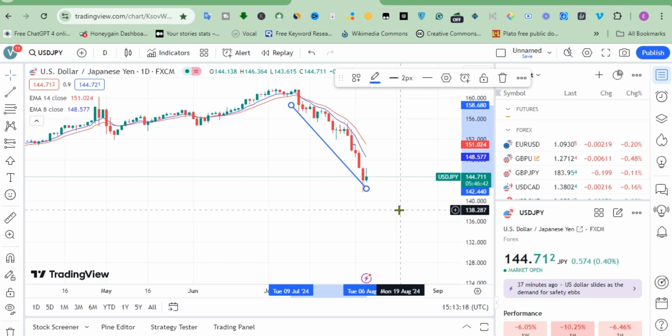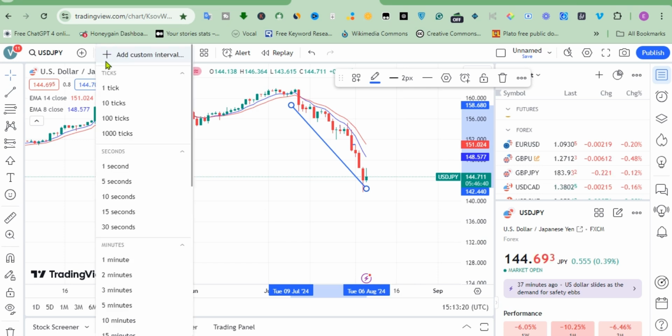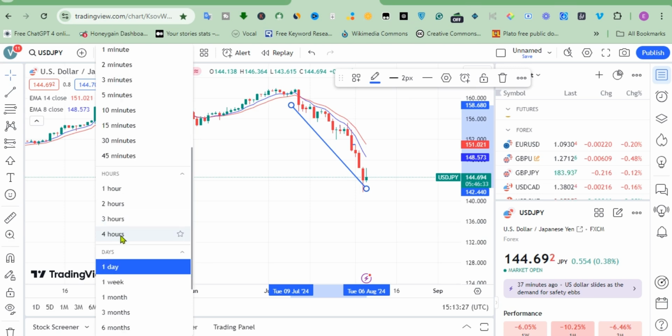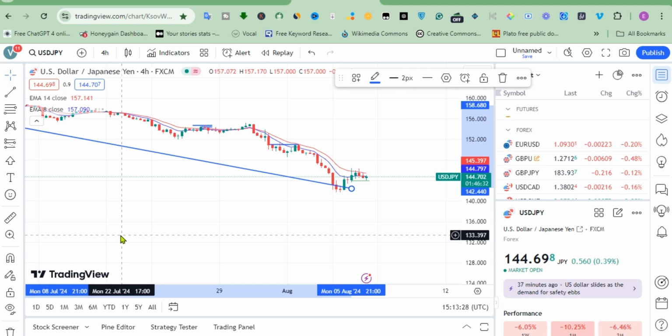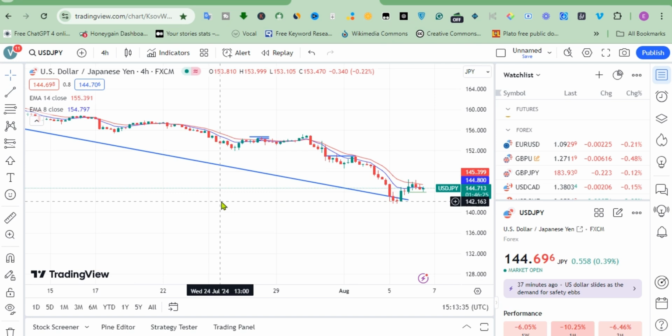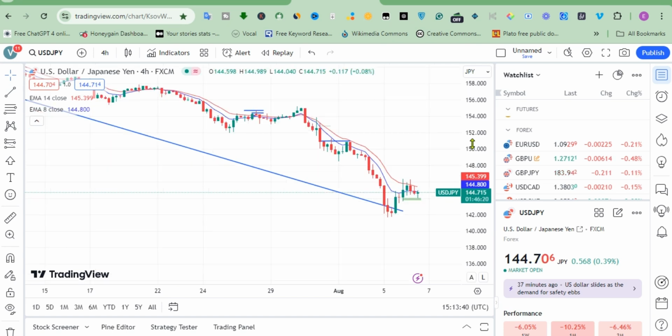Then let me move to the 4 hours time frame. This is my 4 hours time frame here. You can see the line I drew in the 1 day, and how it is here. So it shows that it's still going down.